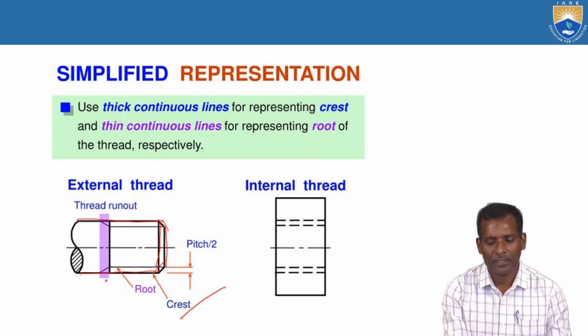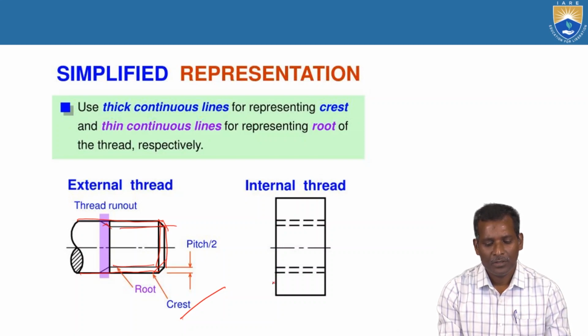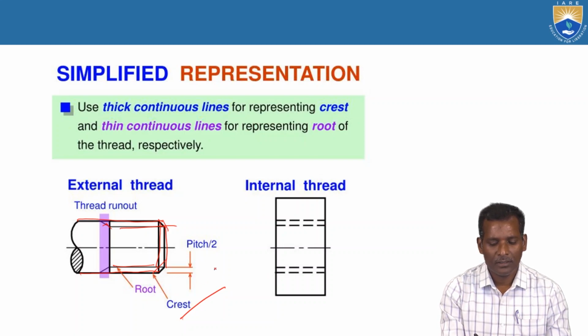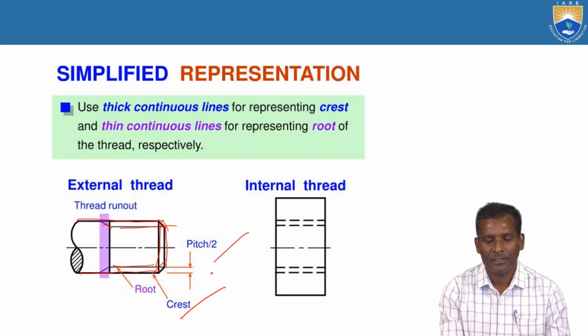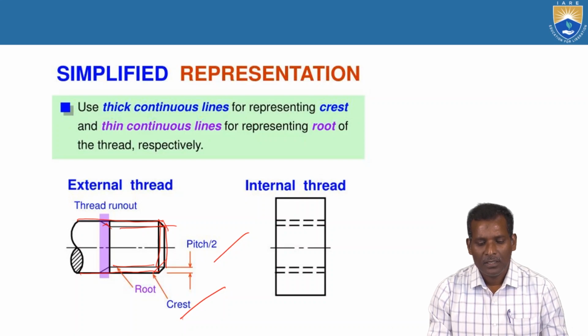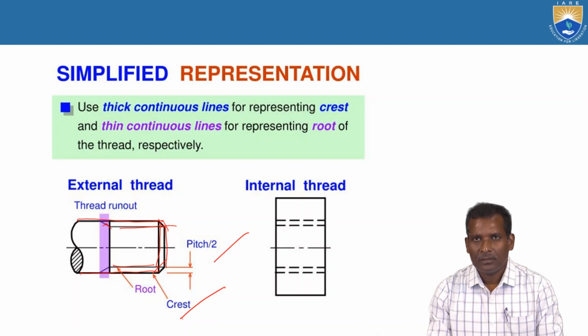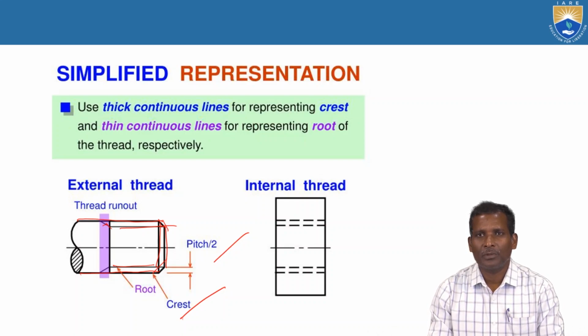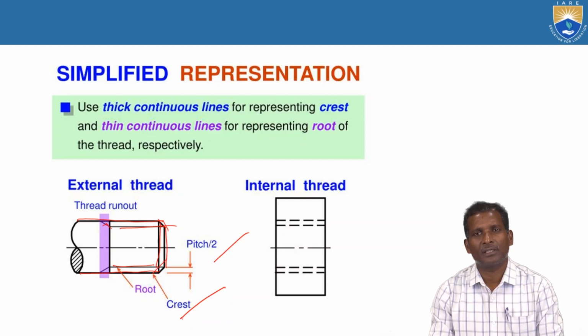The root is always represented in thin continuous lines. So here you can write pitch like this, pitch by 2, so this is 0.5 times the pitch. So like this, you have to represent the threads and their terms, pitch, lead, root or crest.